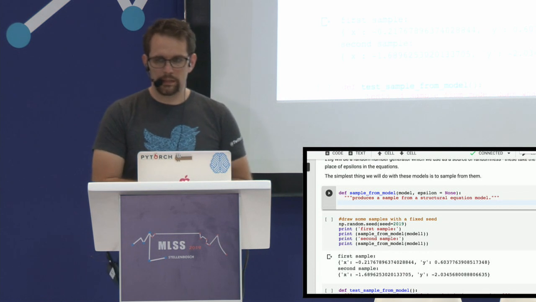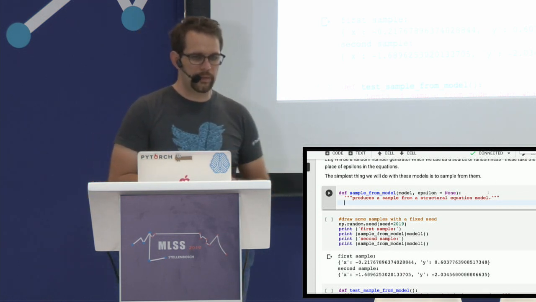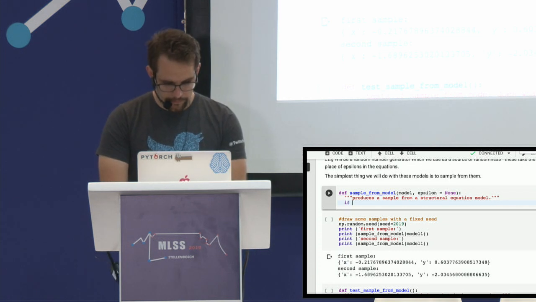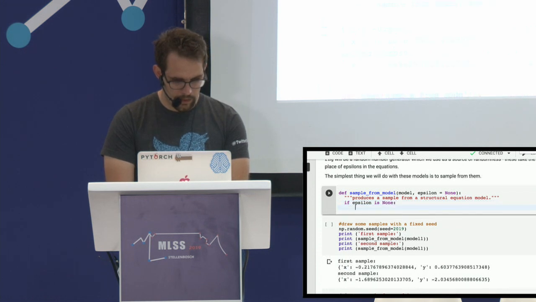If you don't give me an epsilon, then I'm going to just draw an epsilon randomly. So if epsilon is None, then epsilon equals randn.